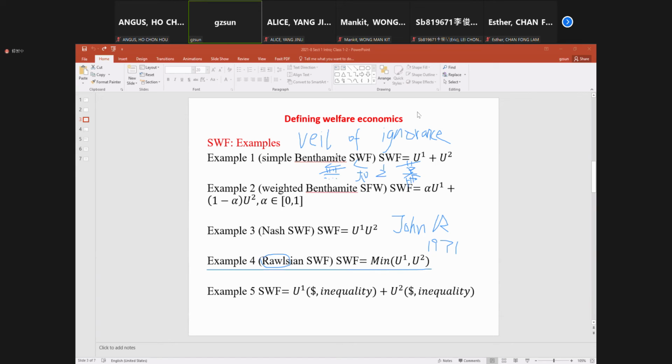Given such ignorance, this ignorance is true to everybody, to the whole society. So therefore, everybody has good reason to imagine what happens if I'm the most miserable person, I'm the most unlucky person. For example, think about COVID-19.